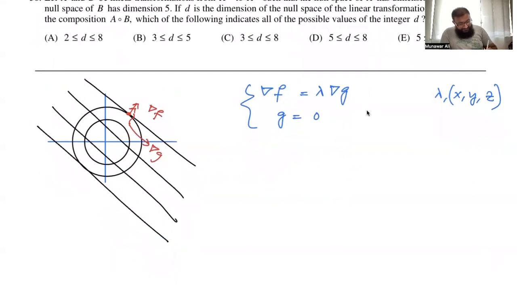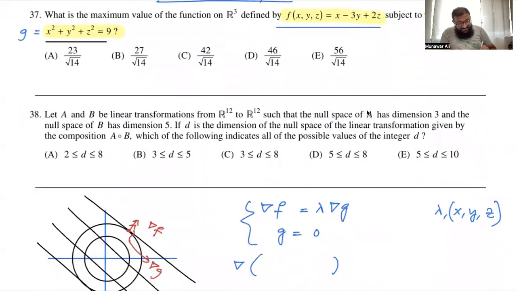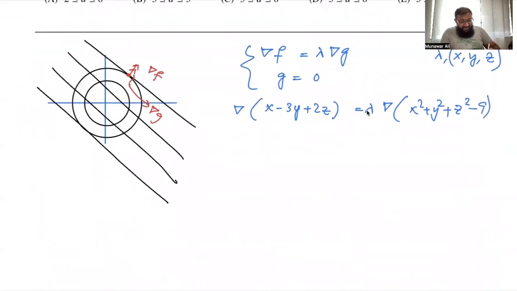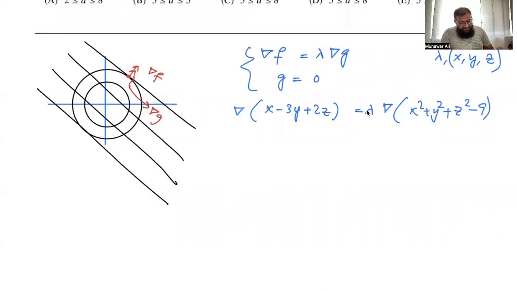So gradient, what is f? Let me write the function f. x minus 3y plus 2z equals lambda times gradient g, where g is x square plus y square plus z square, and you can take 9 to the other side, that becomes minus 9. What is the gradient? I will get a vector, and I have to differentiate this function with respect to x partially.